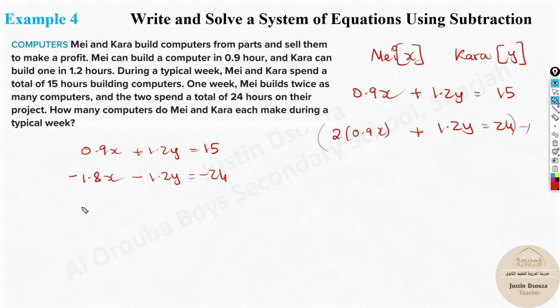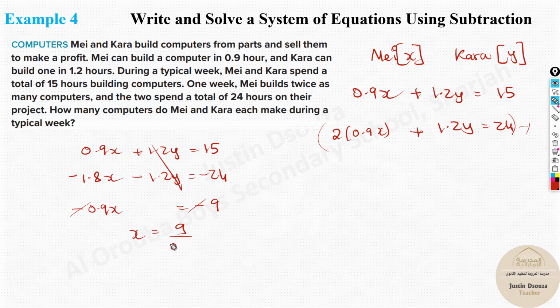Now solve it. Here you will have negative 0.9x, and over here this cancels off, is equal to minus 9, because the bigger number has the minus sign, and when you subtract it, it will be 9. So the negatives can cancel off, because when you divide both sides by minus 1, it will be positive.